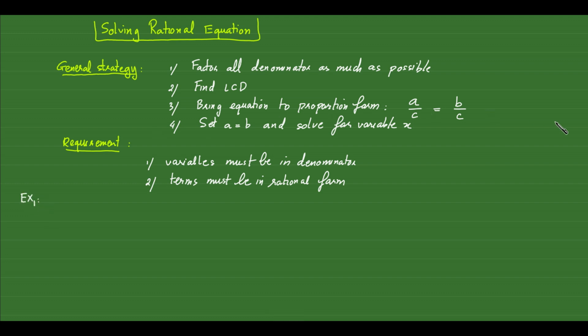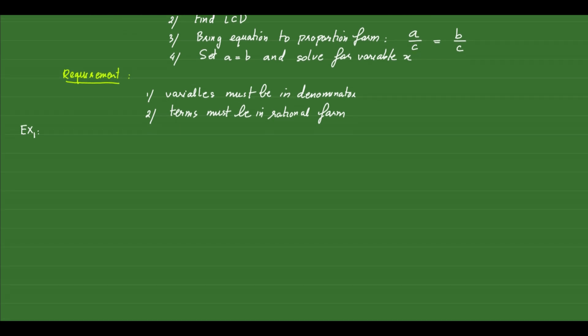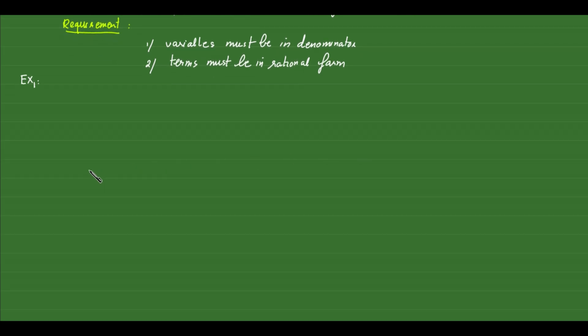Let me start with a very simple rational equation first, and try to recognize if this one is really a rational equation or not. So we have an equation like this: 2x minus 3 over 2 equals 7 over 2.